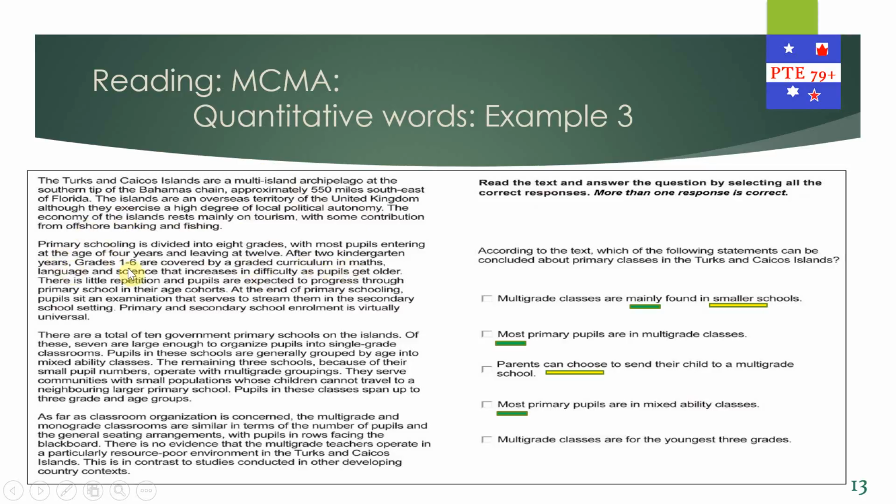See, that's how you're going to scan in the real exam, right? Mixed ability. See, multigrade, multigrade, multigrade. So maybe in these two paragraphs you'll find the answer. Okay, that's just how you should be scanning and doing this.